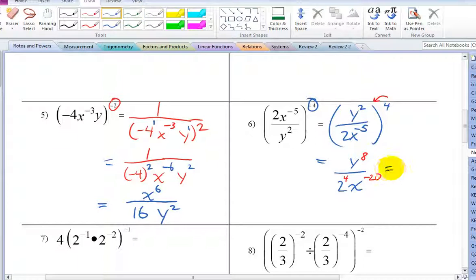Okay. All right, fix it all up now. Fix the negative 20, fix the 2 to the 4. There you go. X20, Y8, 16.